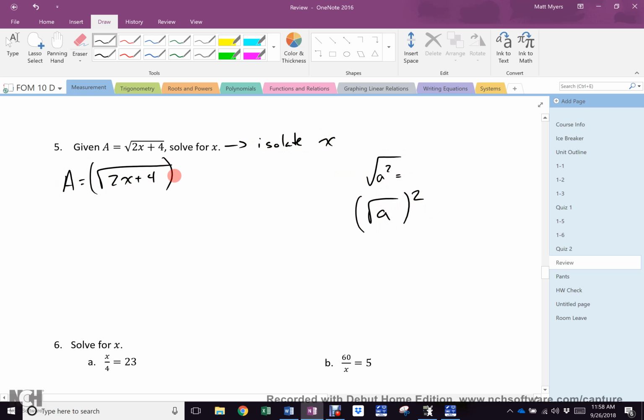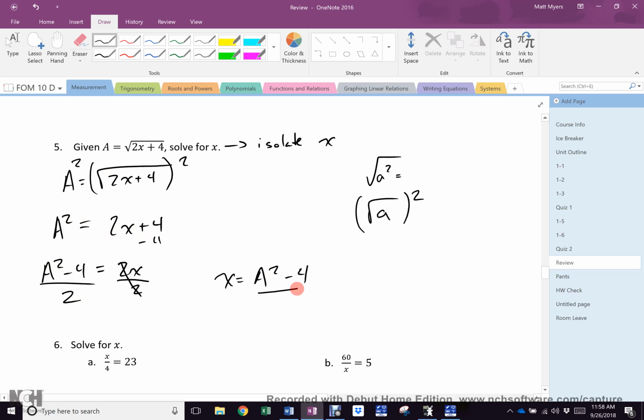So if I square this side, I'm going to get 2x plus 4, because that is the opposite of square root. But if I square the right side, I got to square the left side, a squared. Then I just do algebra. Minus 4, a squared minus 4 equals 2x. Divide by 2, divide by 2. X equals a squared minus 4 over 2.